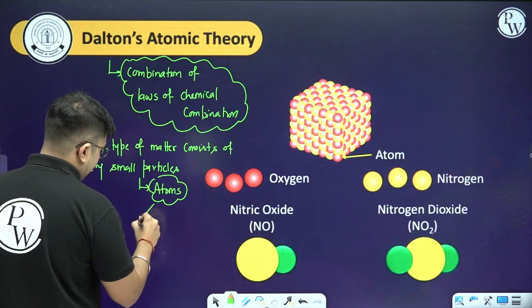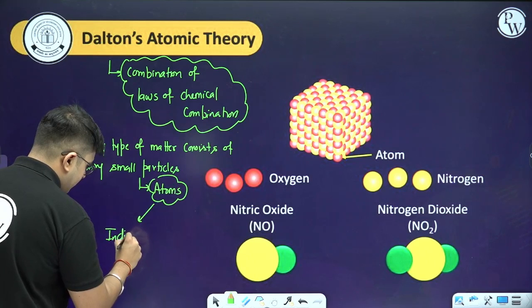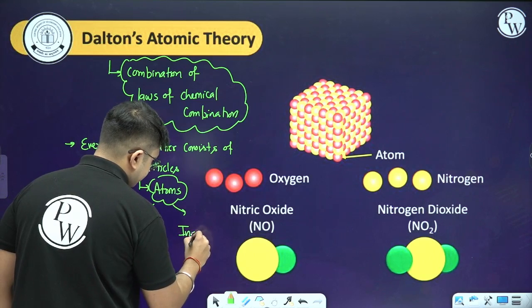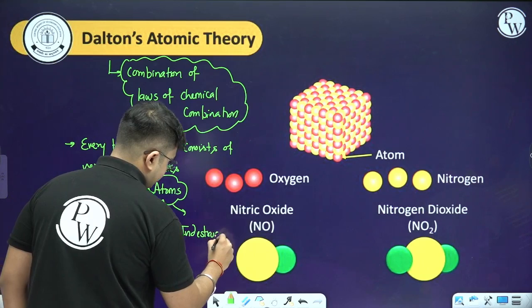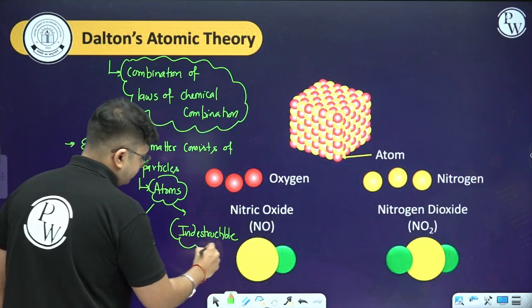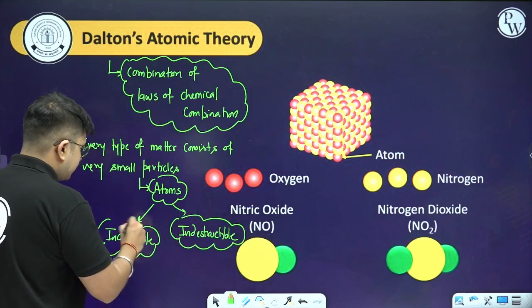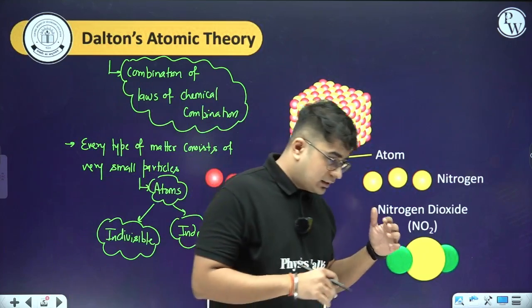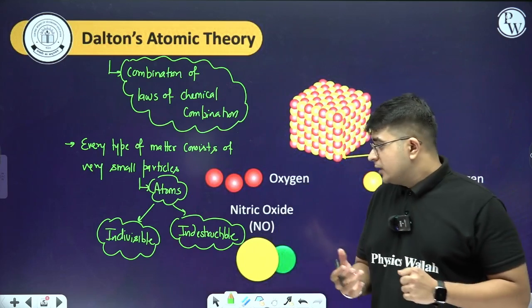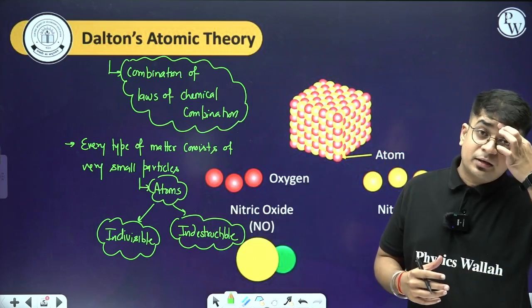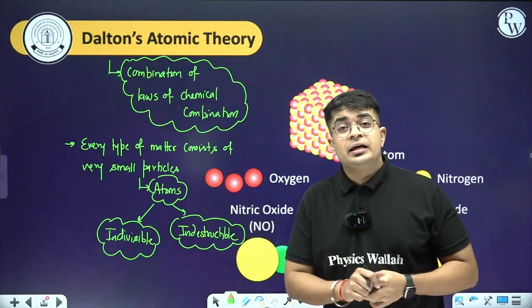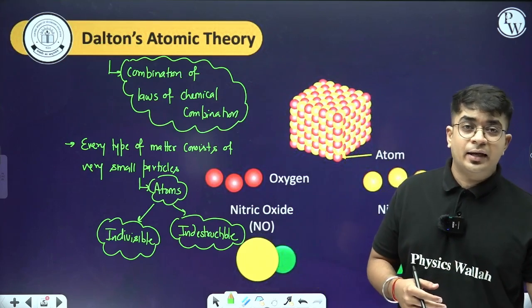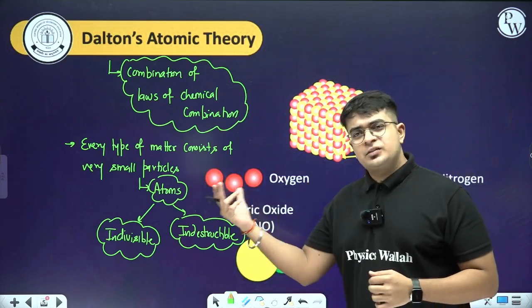Atoms are indivisible as well as indestructible, because up to Dalton's atomic theory, no one actually clearly said anything about the idea of the atom. They didn't know about the fundamental particles present inside the atom. They didn't know that an atom can be divided or destroyed into another form. So the first postulate is very easy.